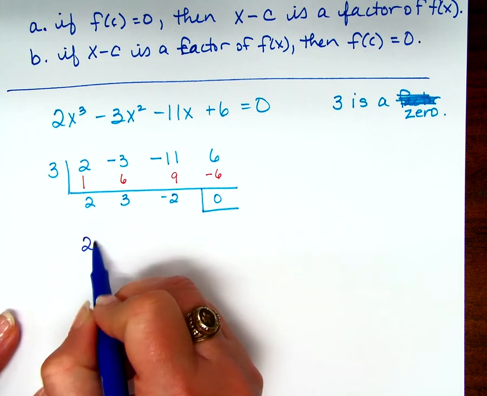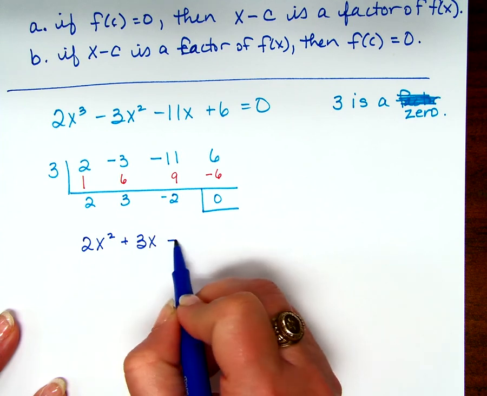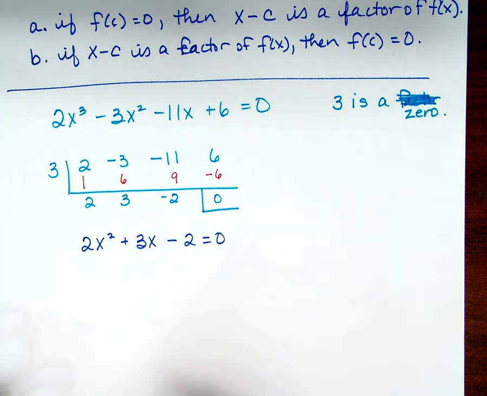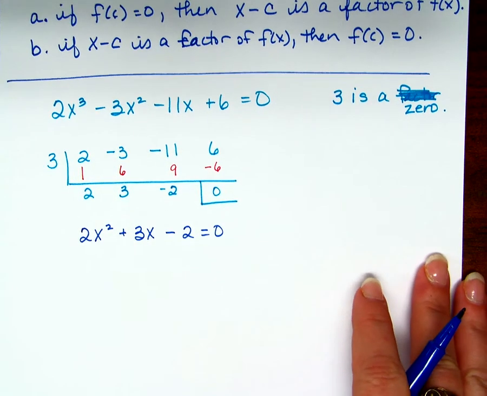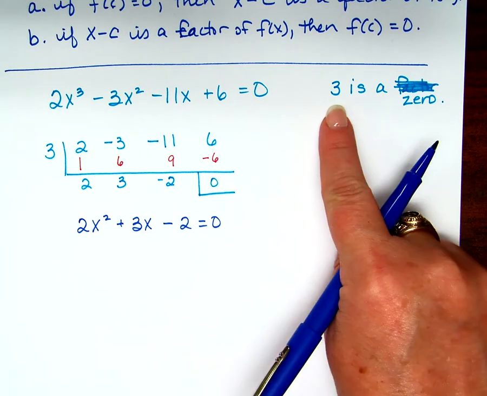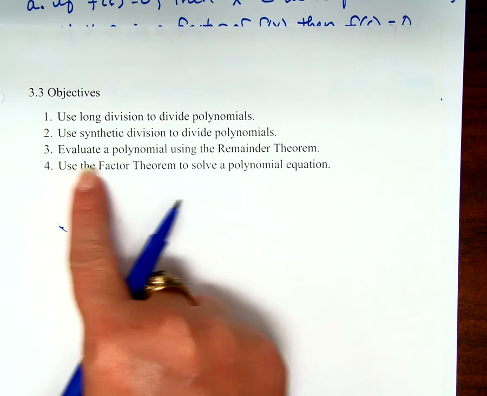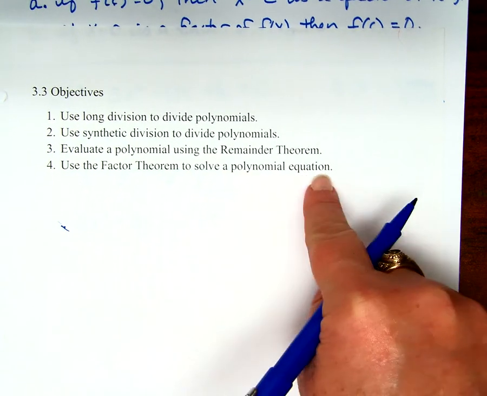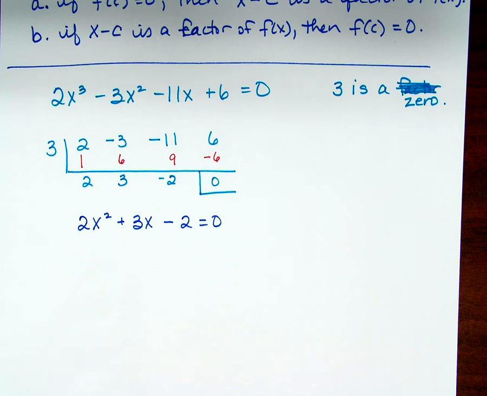So 2x squared plus 3x minus 2 equals 0. Now, if the highest exponent is 3, how many answers should I be looking for? 3. Okay? Well, it already told me 1. I am trying to use the factor theorem to solve this polynomial equation. So I have now a quadratic I have to solve.